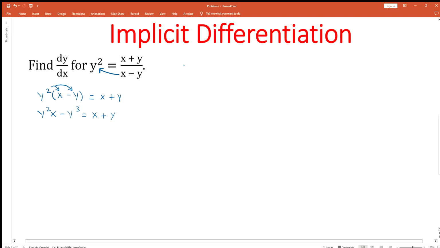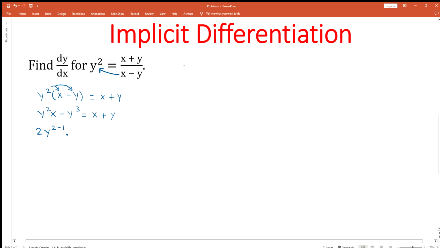The term y square has the inner function y and the outer function, the exponent 2. As per the chain rule, we start with the derivative of the outer function. We move the exponent 2 to the front of the term and subtract 1 from 2, times the derivative of the inner function y.